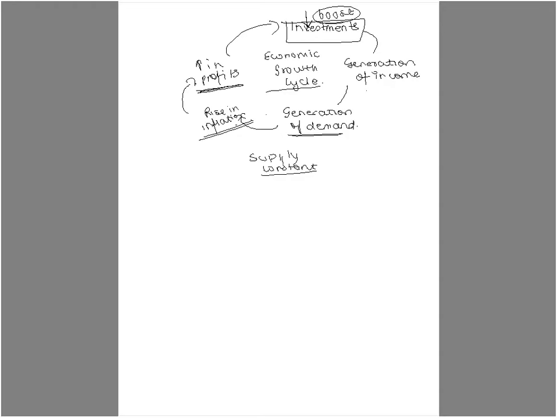If you don't have inflation, your growth cycle wouldn't move. And that is why they say that some amount of inflation is needed for an economy, because it is needed for the growth of an economy. But always remember, investment is the point from where your growth cycle picks up.